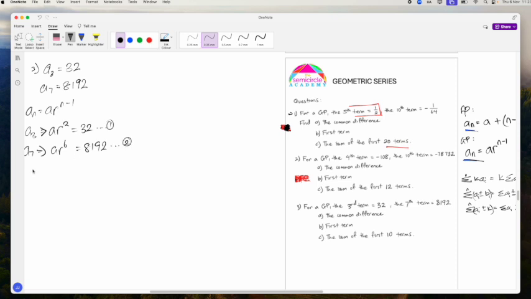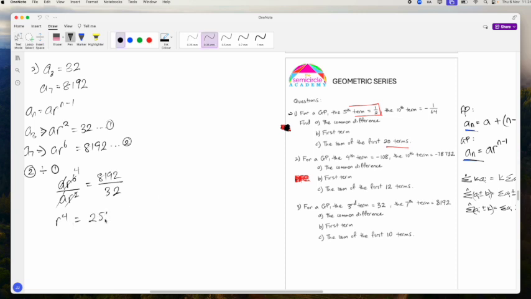And of course, I'm going to take 2 and divide it by 1. So we'll have ar to the 6 divided by ar squared, and that is equal to 8192 divided by 32. Generally, we're trying to get the bigger numbers being divided by the smaller numbers. The a's will be gone. 2 of the r's will be gone. I'll have 4 r's left. So r to the 4th is equal to 8192 divided by 32, giving me 256.